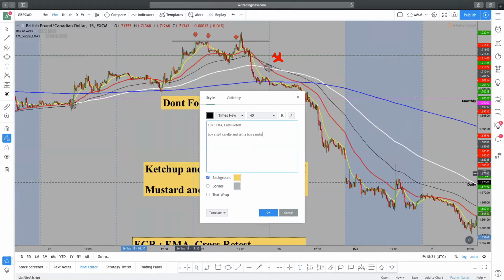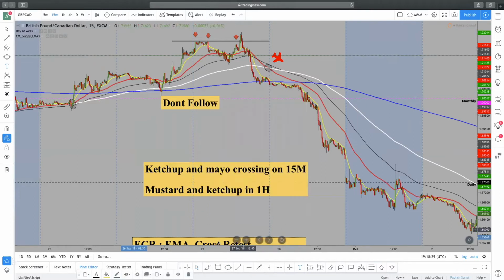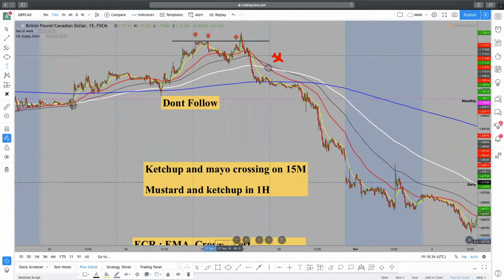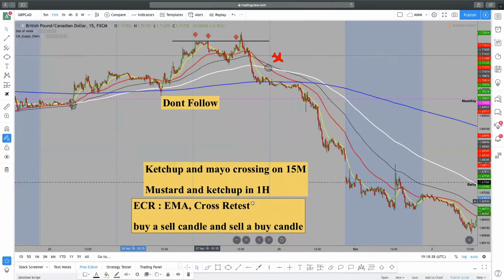I'm sorry. Buy a sell candle and sell a buy candle. The reason is just to get the best available price that you can. If you wanna buy something, you try to buy it at the lowest price, and if you wanna sell something, you try to sell it at the highest price, right?